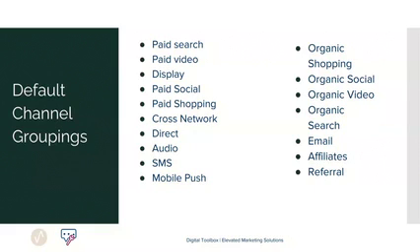So you're going to see a lot more options. Even organic video is a brand new one. So that's going to be like YouTube, being able to see if you have YouTube. Organic shopping. So if you have organic shopping, you would see it in there versus if you're running paid ads, you would see it in paid shopping.